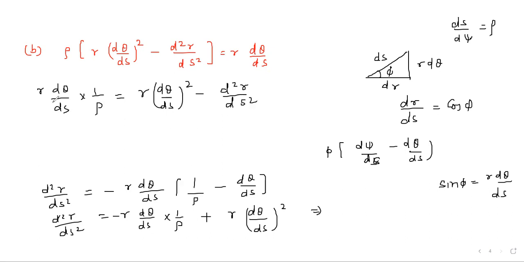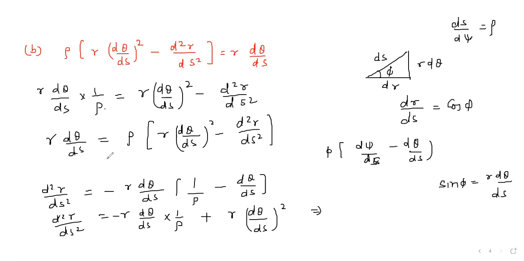Our concern is to get r d theta by ds, so rho will get multiplied. So rho times this thing, r d theta by ds whole square minus d2r by ds2. And this is our required result. Thank you for watching.